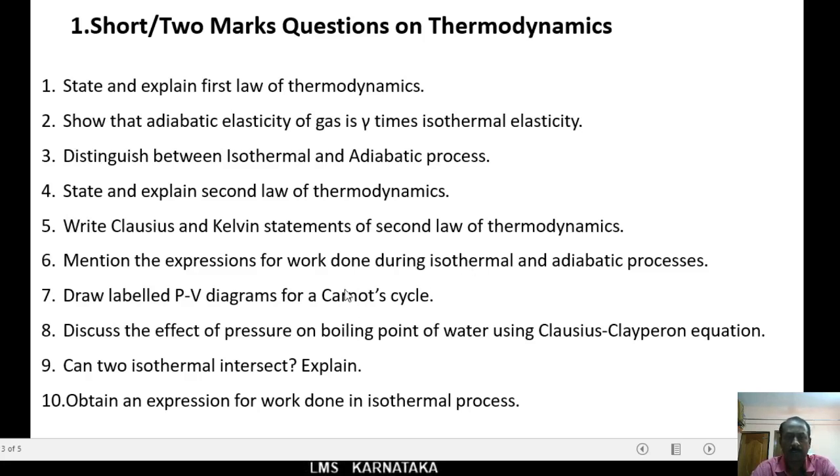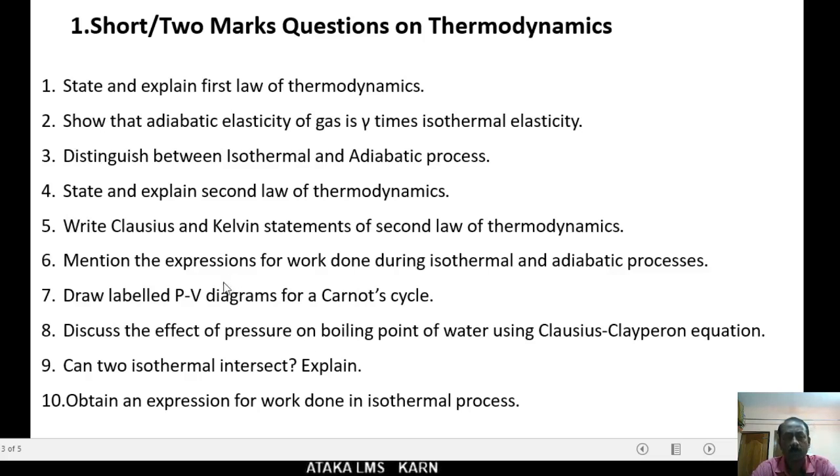Next question is mention the expressions for work done during isothermal and adiabatic process. Here he asked only to mention the expressions. For work done of isothermal, you write down the work done formula. For adiabatic also you have to write the work done formula. Each carries 1 mark, total 2 marks.